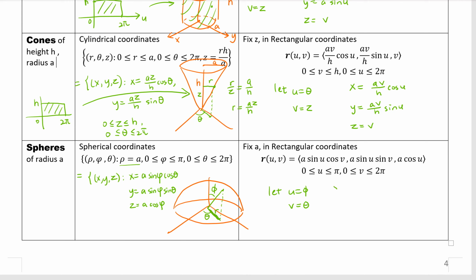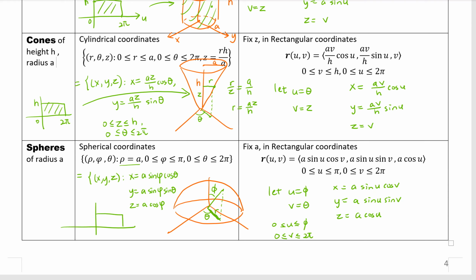Then in this case, you can see x is a sine u cosine v, y is a sine u sine v, z is a cosine u. Now u is like phi. Phi is between 0 and pi. V is like theta. Theta is between 0 and 2 pi.